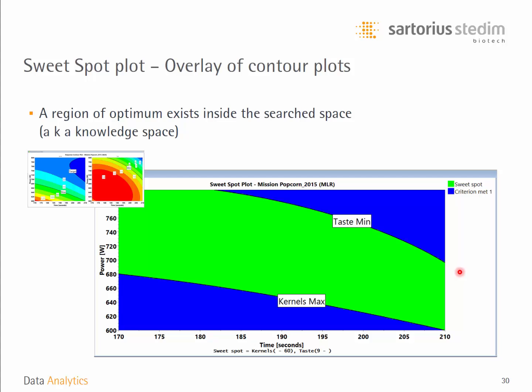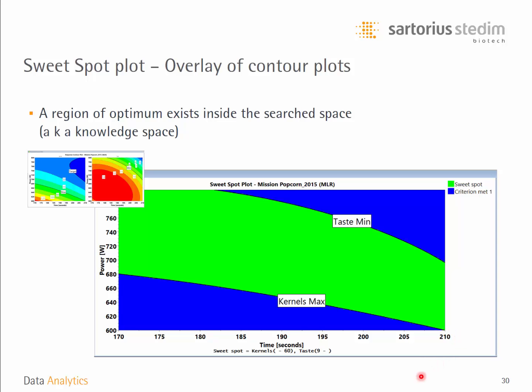In the case that only one specification is met, then we have a blue color. And you can see here in the sweet spot plot that there are 2 lines demarcating the position and size of the sweet spot. Here we have the minimum setting of taste dictating the border, and here we have the other border, so to say, arising from the max setting for kernels.